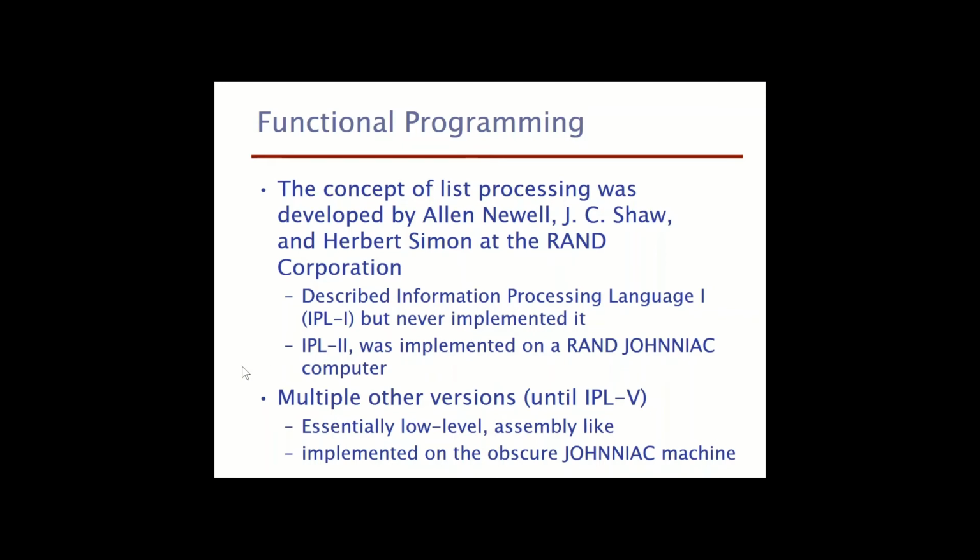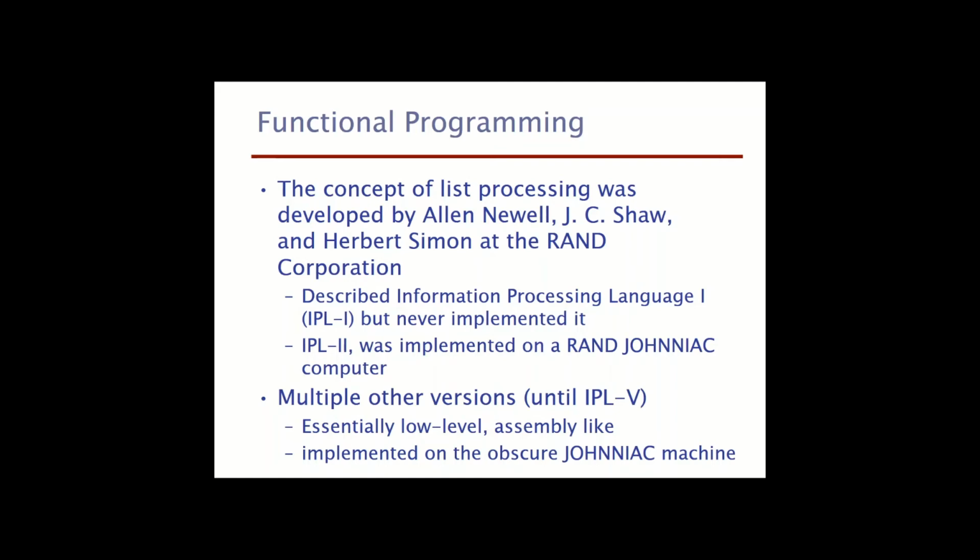Now, that was again an initial version, somehow a drafting way for a programming language. Although it was implemented, they came up with other versions until IPL 5. All these versions were somehow low level, close to assembly.